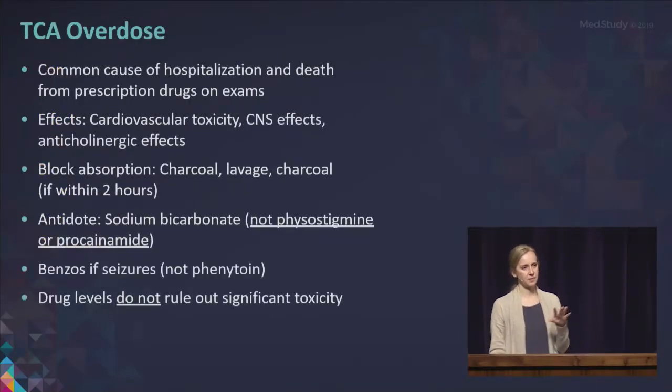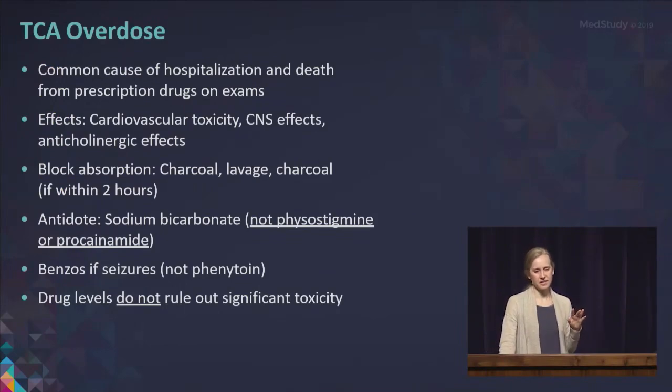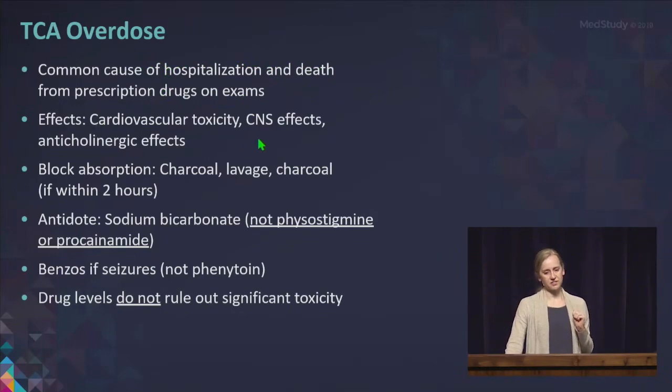So to talk a little bit more about TCA overdose, because it is very common in the context of hospitalization from intentional overdose. It causes cardiovascular toxicity, CNS effects, and a lot of these anticholinergic effects that you guys saw on the previous slide. The way that you deal with it is with the charcoal and the lavage, especially within 2 hours.